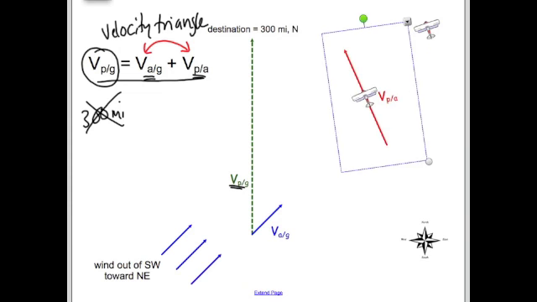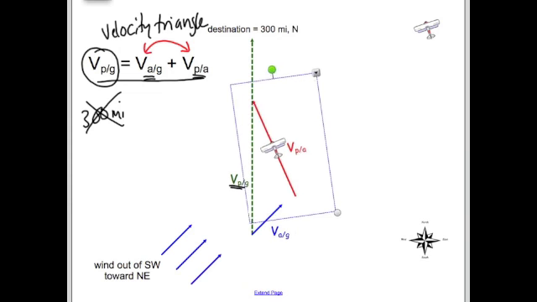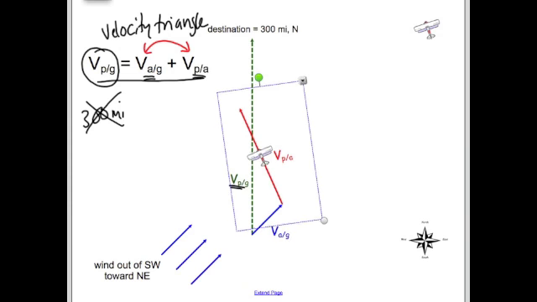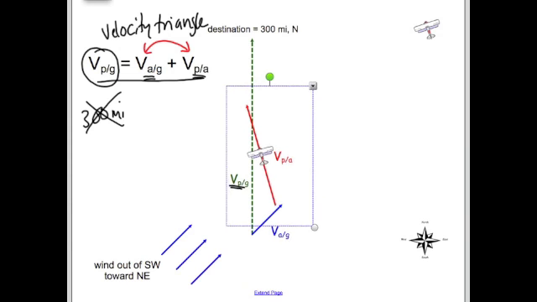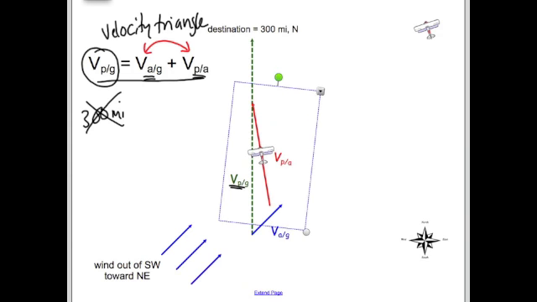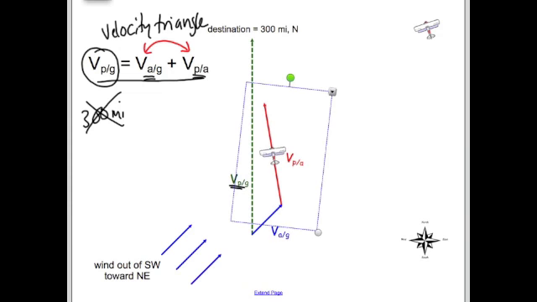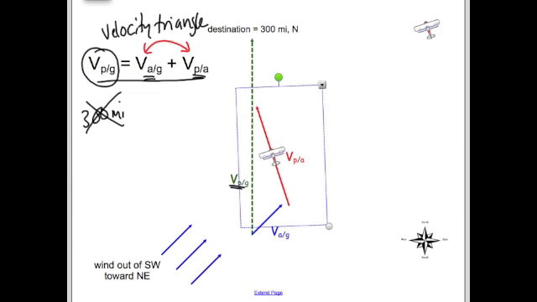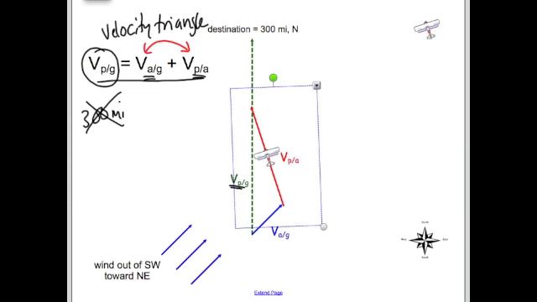So what I want to do is take this vector right here, put it at the end of the airspeed, and just turn it until I end up with the direction I want to be. And on this particular program, that's a bit of a pain because it pivots around the center rather than around the end. But that's pretty good. So that means I want my plane to fly in this direction. And conveniently enough, this plane is going in the right direction.